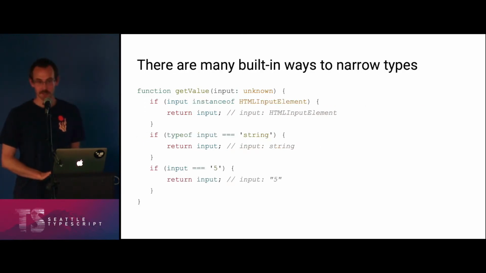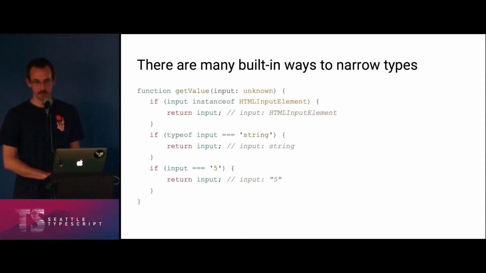And there are tons of fun built-in ways in JavaScript to prove the type of something at runtime that TypeScript will pick up on and use as clues for type narrowing. So here, if we have this input, if we use instanceof, we can say if this is an instance of the HTMLInputElement class, TypeScript will narrow it down to the HTMLInputElement.